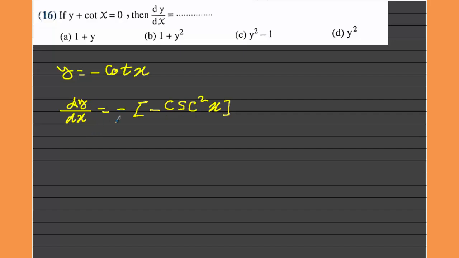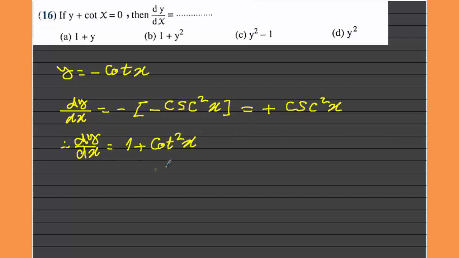So dy/dx equals negative multiply negative is positive cosec square x.